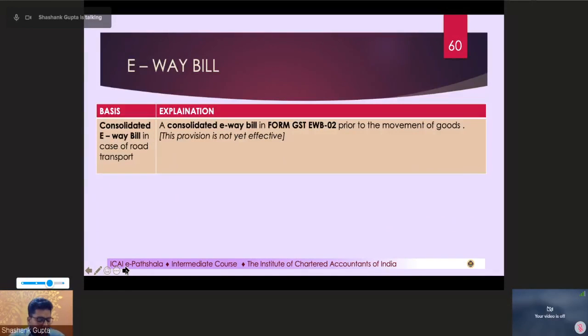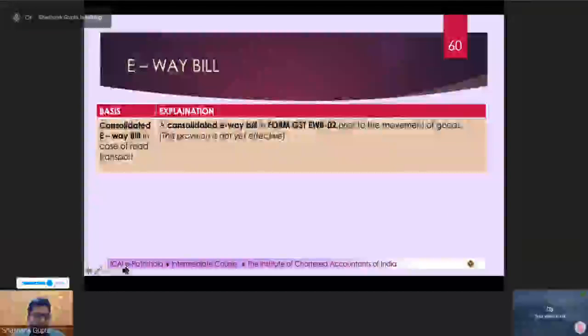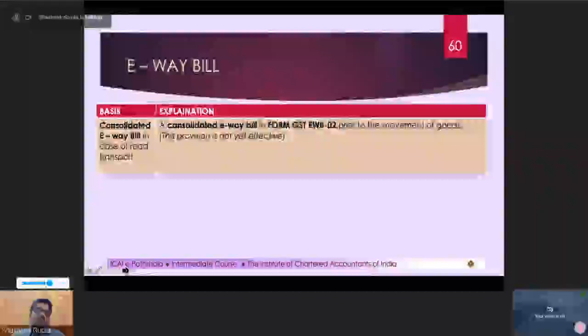Consolidated e-waybill. So suppose I have to send some goods to Bangalore, but it's only one carton of goods. So will I hire an entire truck for one carton? No. I will hire a portion of the truck.